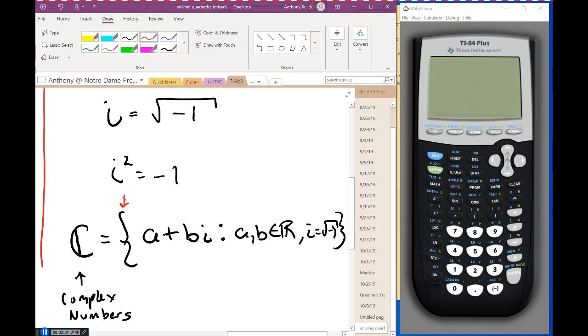So when we write these squiggly brackets, what does this mean? It's a set, right? This part at the beginning tells me what the things in this set look like.